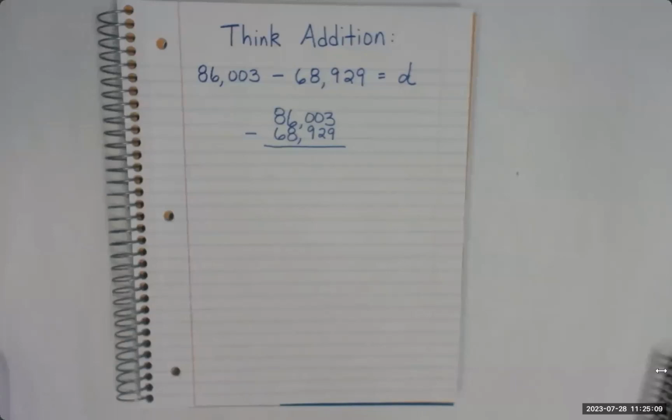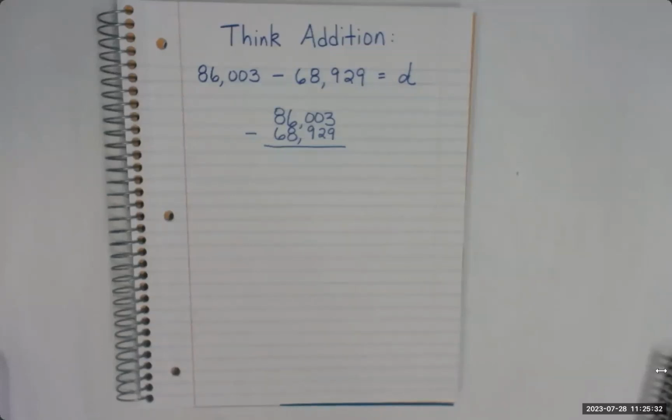Strategies invented by students are shared, explored, and tried by others, though. Today, we're going to highlight the Think Addition strategy. Think Addition is helpful when subtraction of multi-digit numbers requires regrouping multiple times.